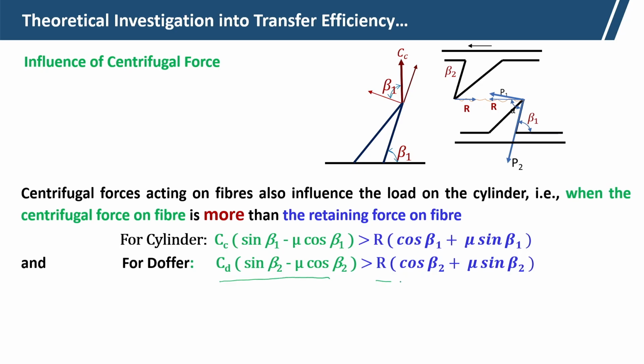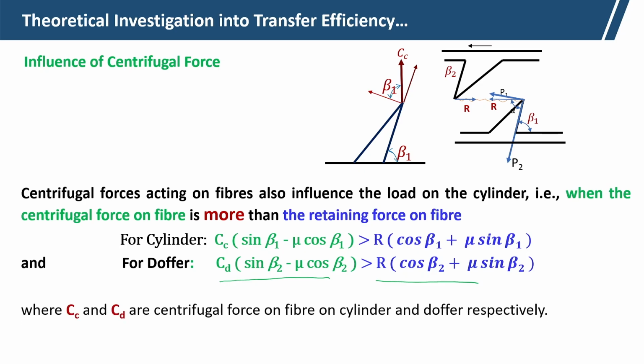Cc and Cd are the centrifugal forces on the fiber on the cylinder and doffer. R is the reaction force acting on the fiber, that we have already discussed. So, this is the condition for centrifugal force.